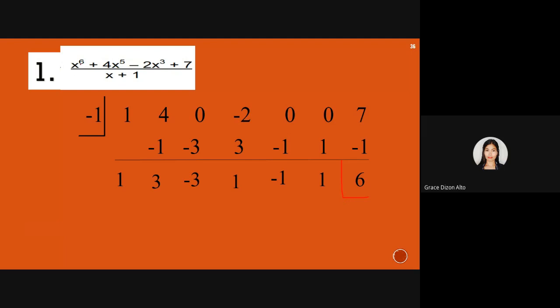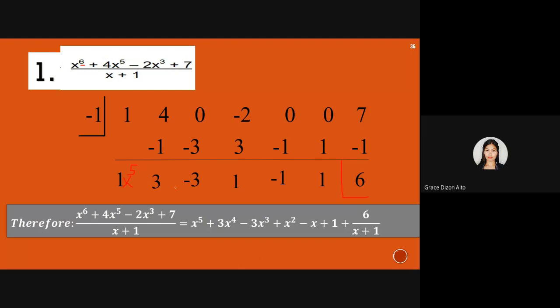And then, since our dividend has 6 as its highest exponent, our first exponent of the quotient will be 5. So how do we write our quotient? It will be x to the 5th plus 3x to the 4th minus 3x cubed plus x squared minus x plus 1 plus 6 over our divisor, which is x plus 1.